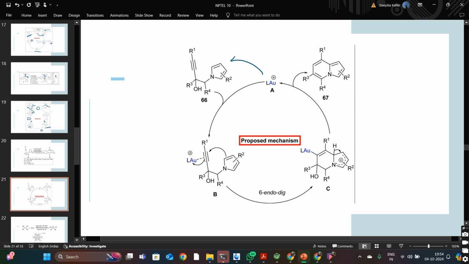Okay, we are going to add the Lewis acid which is present in the reaction to the alkyne, which is containing a pyrrole substituent in the side chain. So the alkyne is going to get activated by the Lewis acid to give us this intermediate B.